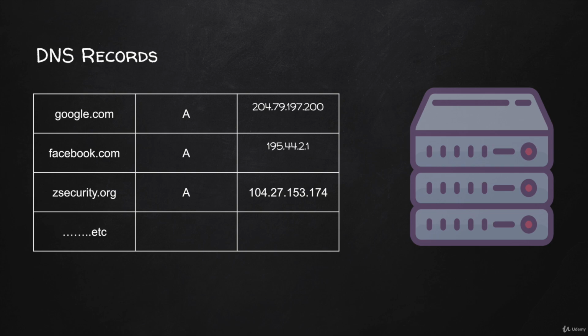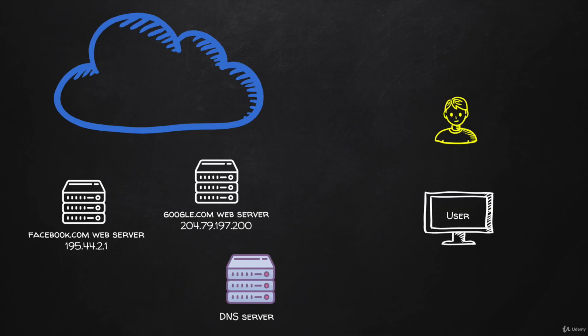Now in this lecture, we're going to learn what DNS spoofing is and how to perform it. DNS is a server that converts domain names such as google.com to the IP of the server that is hosting this website. So when you type google.com in your web browser, the request goes to a DNS server.